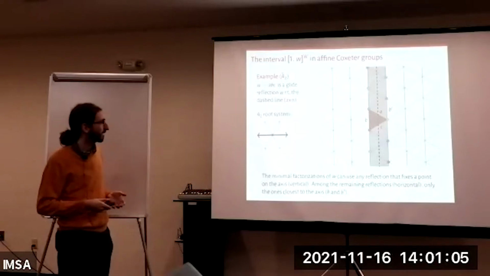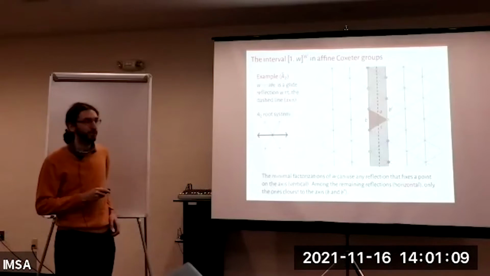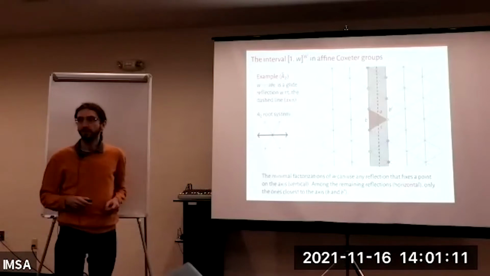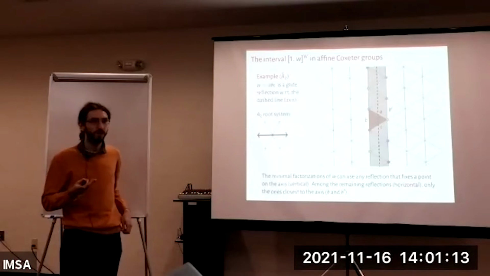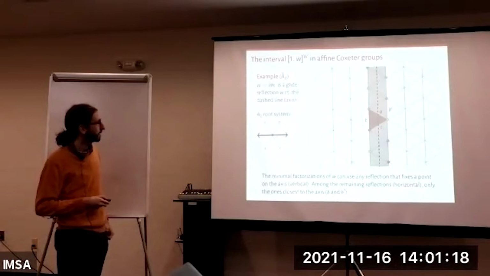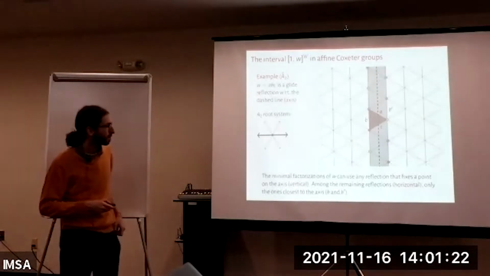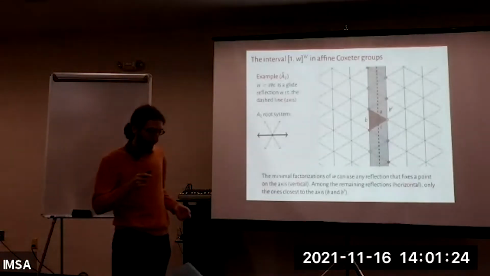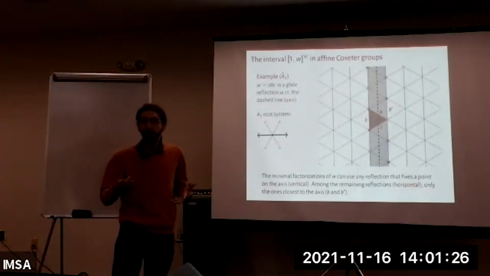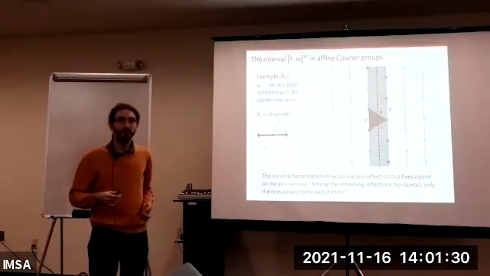So the main running example is going to be this one, which is the case A2 tilde, also known as the affine braid group. So what happens is that we want to fix a Coxeter element because this is how we build this dual structure.